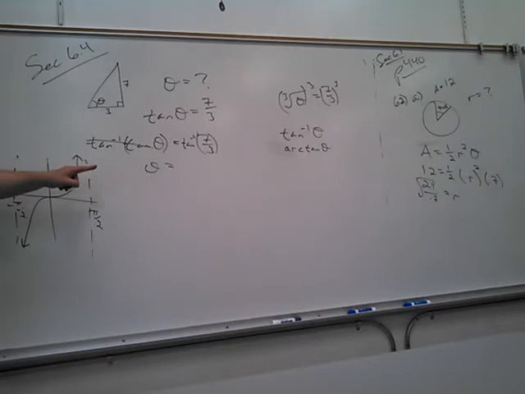If you get a negative angle, and I'm talking about a triangle, that's a problem. You can't have a negative angle inside a triangle, so you just have to realize it's a reference angle. You have to actually come up with what that angle is. So what do you get here?